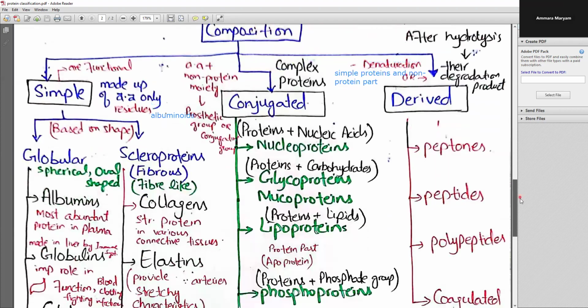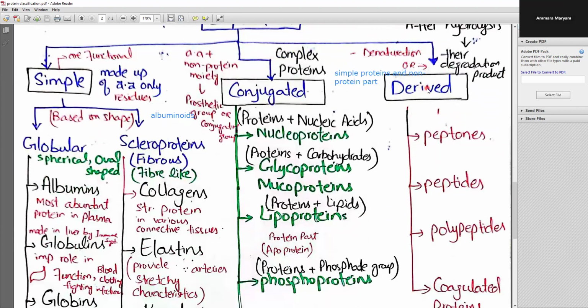So as their name suggests, these are the derived proteins, so they can be derived from simple proteins as well as from conjugated proteins. ठीक है. So these are basically ऐसी प्रोटीन्स जो कि सिंपल प्रोटीन से बनती हैं या फिर वो कॉन्जुगेटेड प्रोटीन से बनती है, तो उनको हम क्या कह रहे हैं, these are categorized as the derived proteins. Now the second thing is how they are derived.